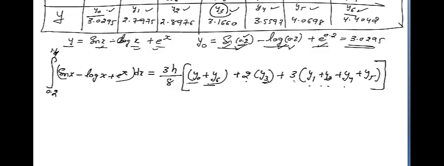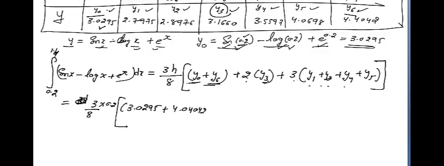Now I am going to substitute the corresponding values of y in the formula. H is 3 upon 8 times 0.2. Correct? Now here y0 and y6. Your y0 is 3.0295 plus y6, 4.04042.